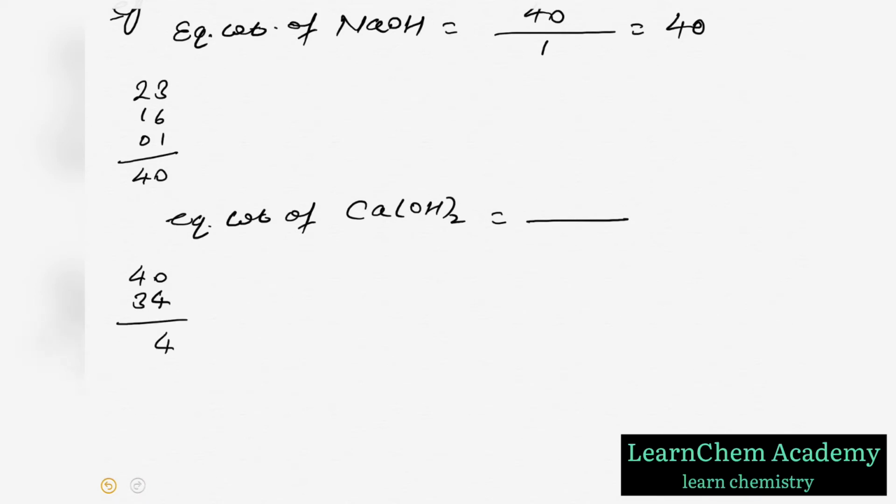So we will get here 74. 74 is the molecular weight of calcium hydroxide. So we can write 74, and that is divided by their acidity. Acidity will be 2. So we will get here 37 is the equivalent weight of calcium hydroxide.